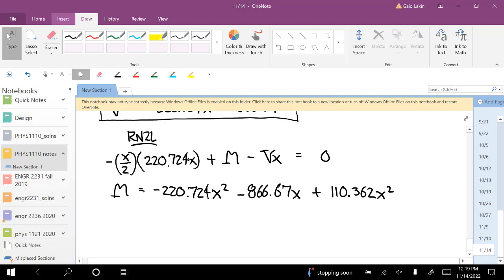And then you can simplify the x squareds. So M is equal to negative 110.362x squared minus 866.67x.